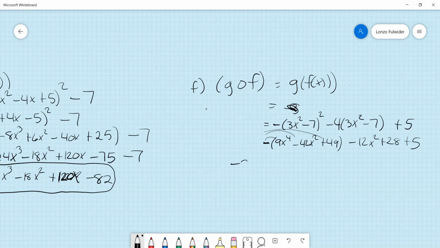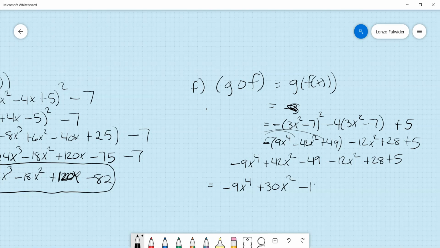So this is going to be negative 9x to the fourth plus 42x squared minus 49, minus 12x squared plus 28x plus 5. This is going to be negative 9x to the fourth plus 30x squared minus 16. And that's your final answer.